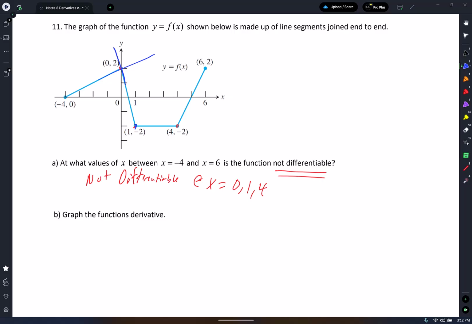You don't have a tangent line at x equals 1. How's it going to look? Like this? Like that? You don't have a tangent line at 4. Like that? Like that? So you're not differentiable at corners, like that. Cusps are like corners.